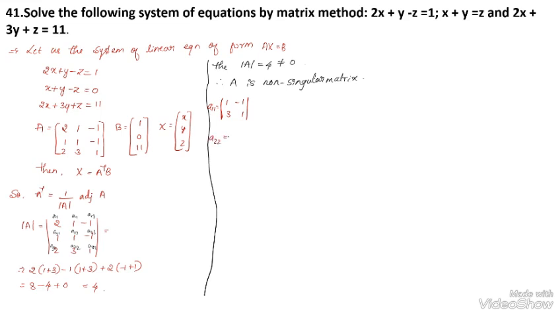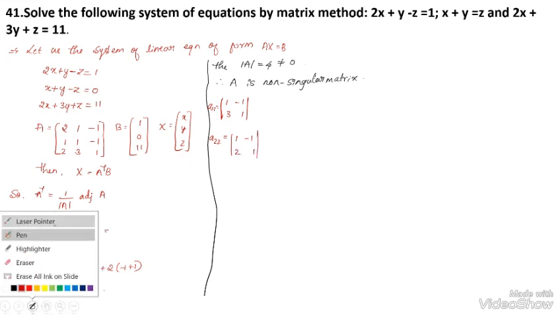A22, that is neglecting the first column, the second column, first row 1 minus 1, 2 minus 2 comma 1.